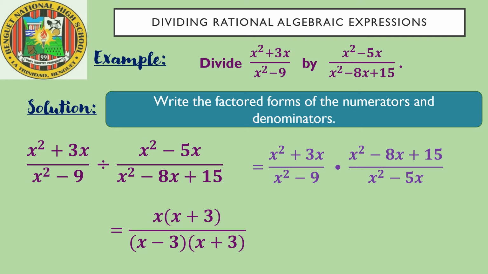We also apply the appropriate factoring techniques for the denominator x squared minus 9, which is a difference of squares, and the numerator x squared minus 8x plus 15, which is a quadratic trinomial. Take care to note common factors between the RAEs.